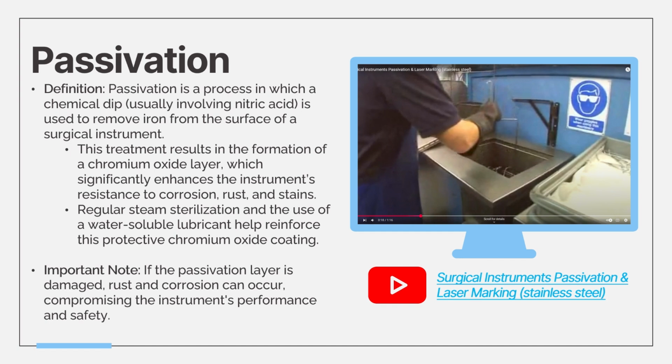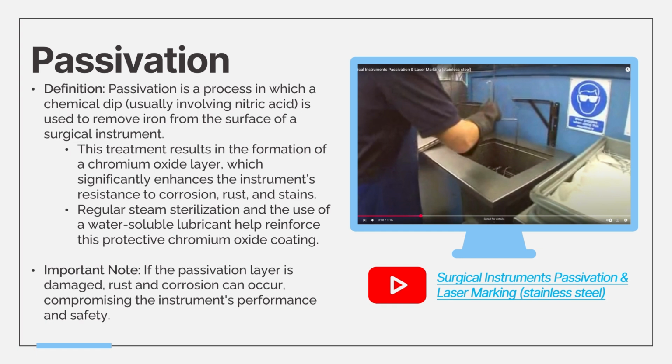This layer is what gives stainless steel its corrosion and stain resistance. While durable, this layer can be worn down by mechanical damage, harsh chemicals, or improper cleaning. And to maintain it, regular steam sterilization supports the natural reformation of the chromium oxide layer.